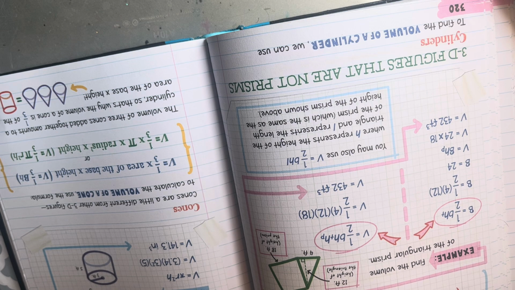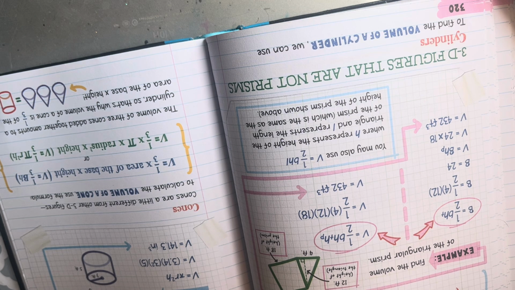So cones. Cones are a little different from other 3D figures. To calculate the volume of a cone, use the formula V equals 1/3 times the area of the base times height. V equals 1/3 base times height.